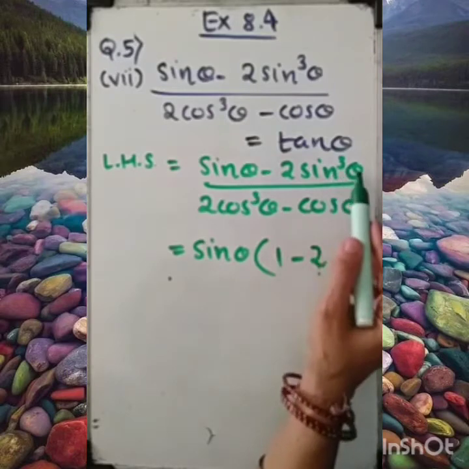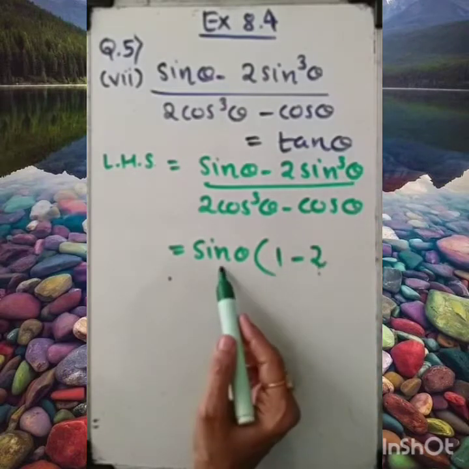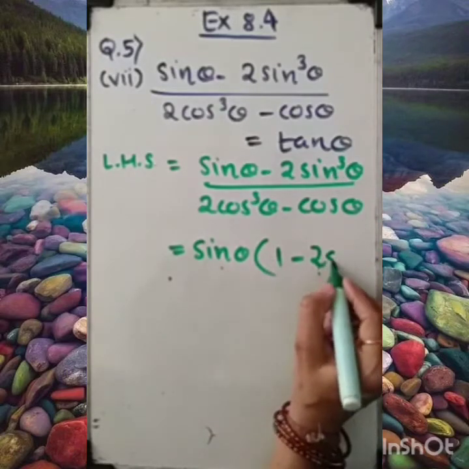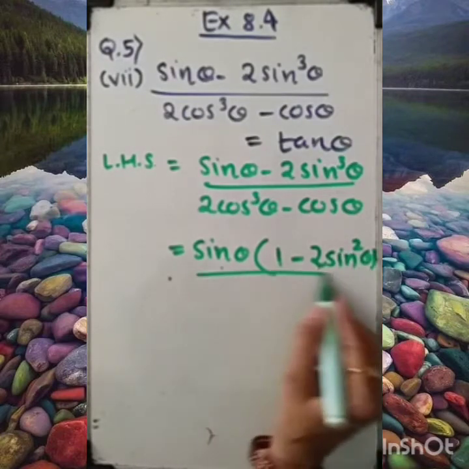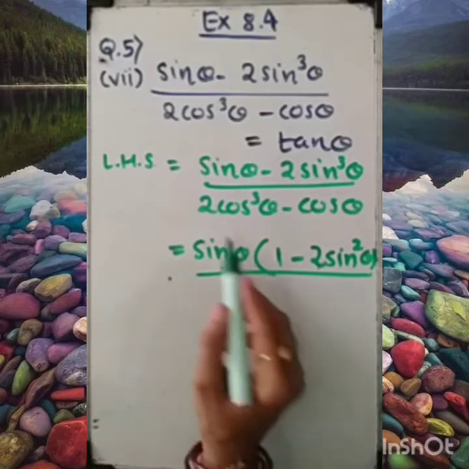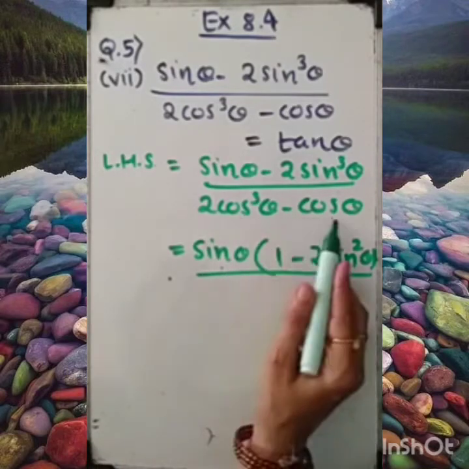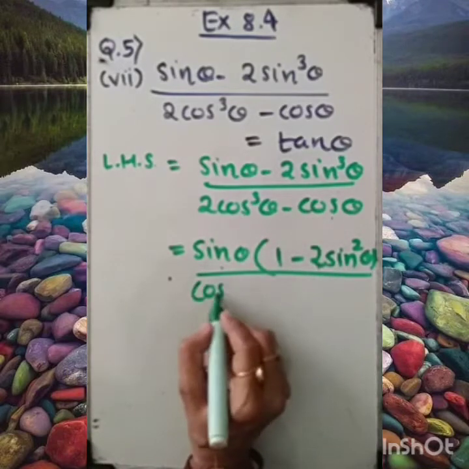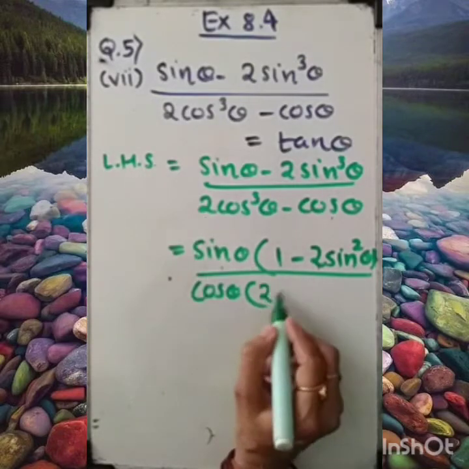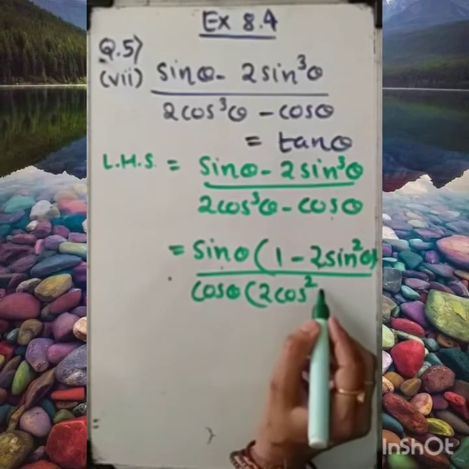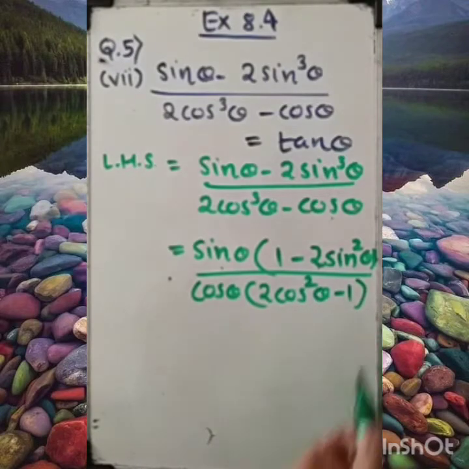Besides this, out of sine cube theta, 1 times sine theta outside, so here it must be sine square theta. Upon, you can see again same thing, cos theta is available in both the terms. Here 2 cos theta, so here cos square theta will be left, minus 1.